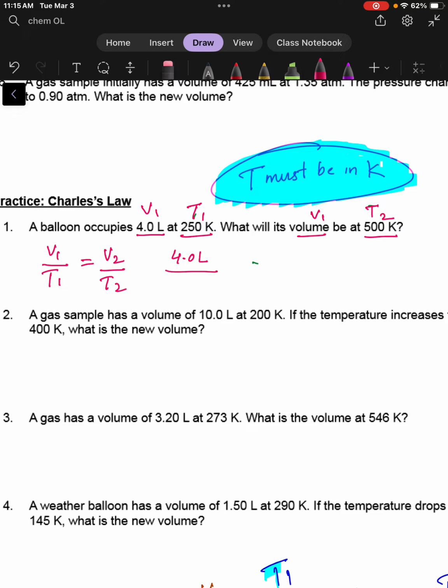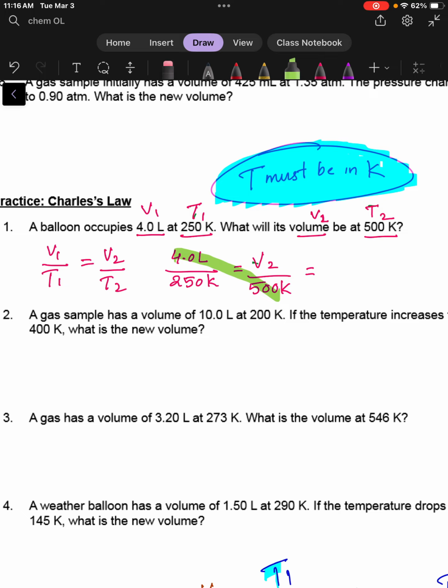Okay, substitute 4.0 liter over 250 Kelvin. Temperature is already in Kelvin here, so I will do another question with a different one. Then V2, this is V2 over 500 Kelvin.